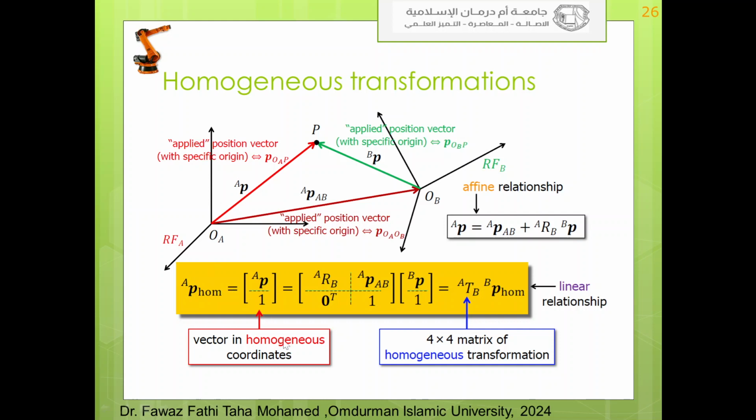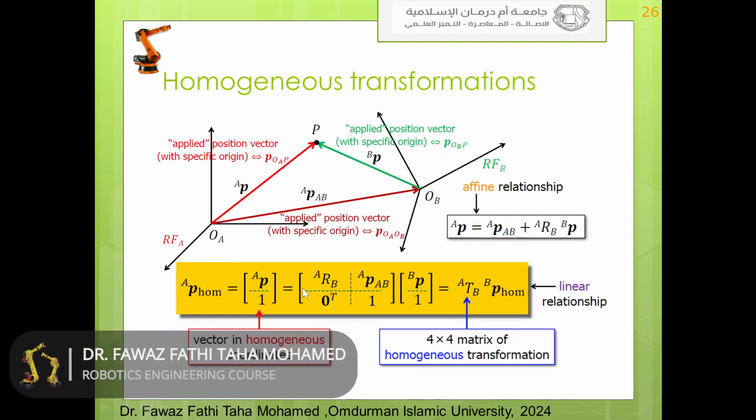So we will use what is called the homogeneous transformation. We will add here a one, which is a temporary value. If I make a multiplication and summation of this matrix with this vector, we will obtain the same result.